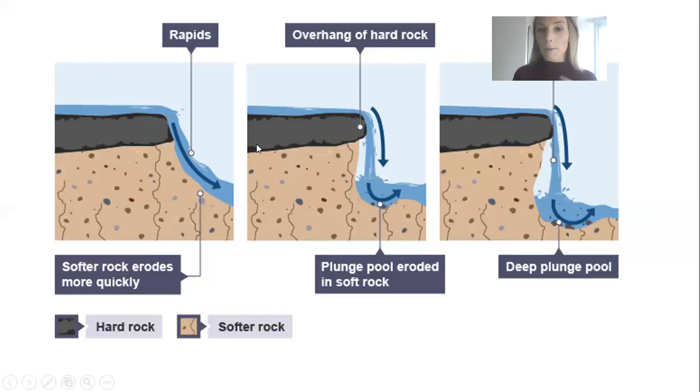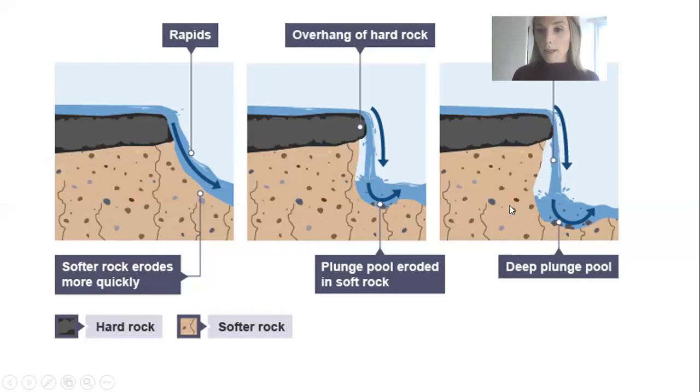Any rocks and pebbles that have been eroded from the valley sides in the upper course will be rolling along this river here via traction, and they will also fall into the plunge pool. They'll be spinning around, eroding the plunge pool deeper and also wider through the process of abrasion.